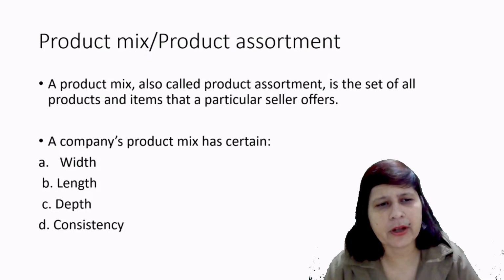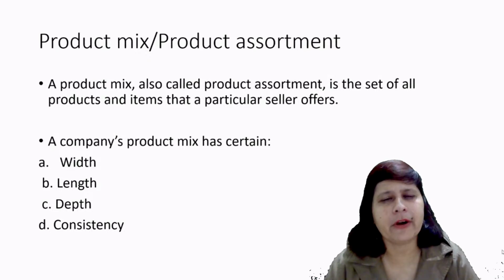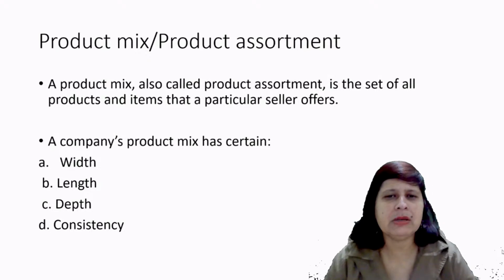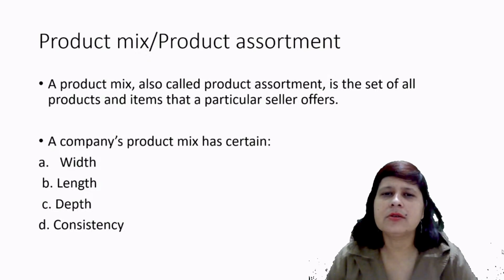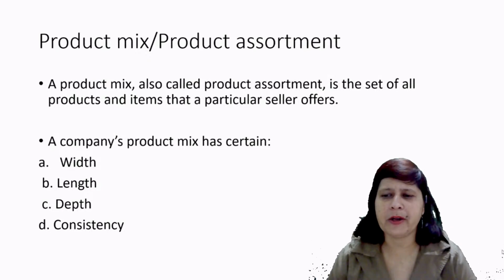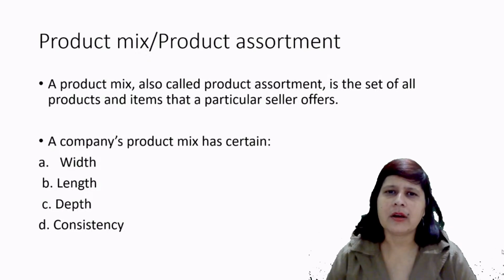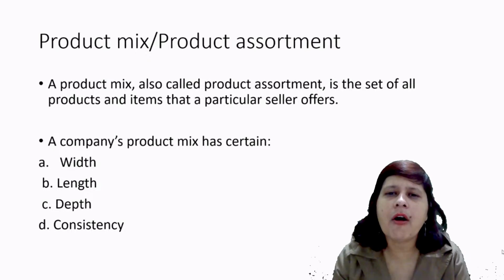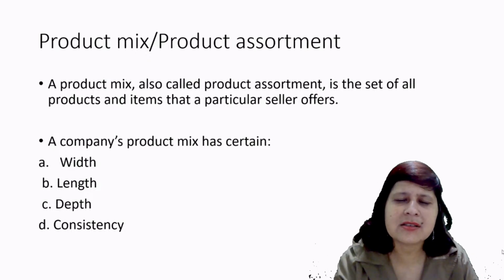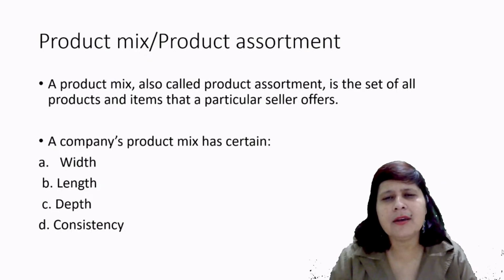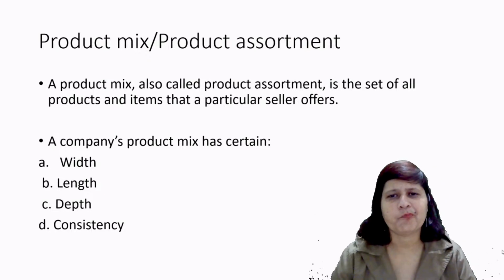Now, what are product mix and product assortment? Understand this term. What is product mix? A product mix is also known as product assortment. Product mix or assortment is the set of all the items or products that a particular seller offers to the consumer.